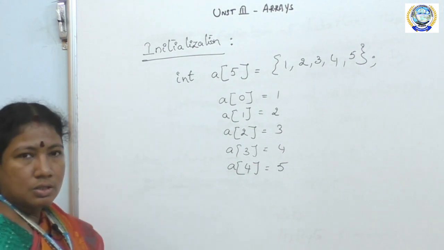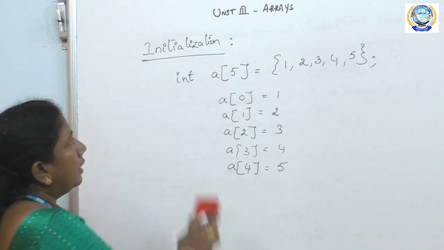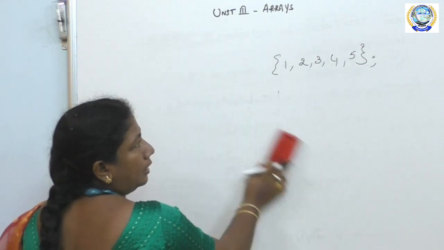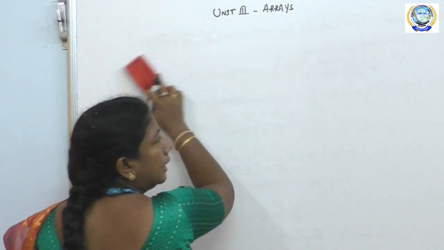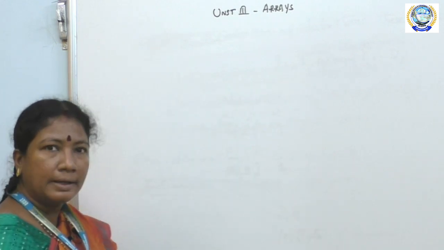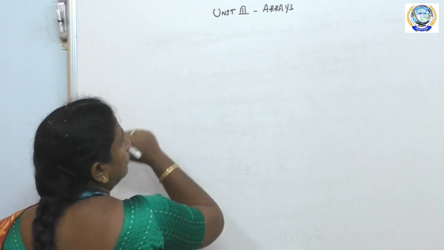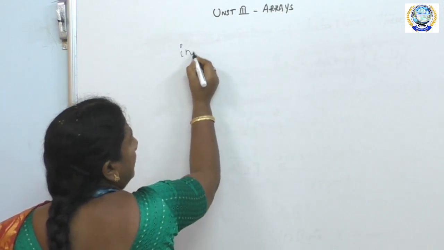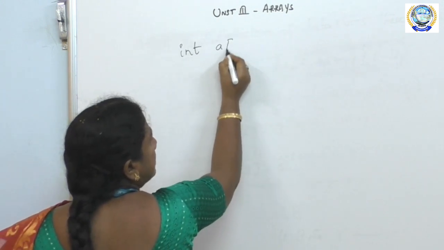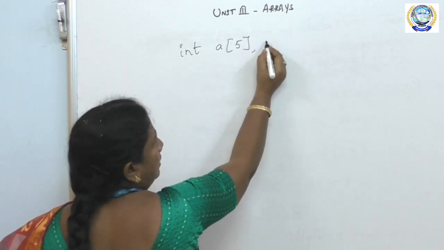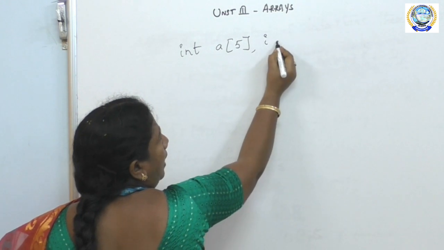If you want to give the values to the array elements by using input statement, then we have to give first the array declaration, that is int a[5], and all the needed variables, say for example, i.